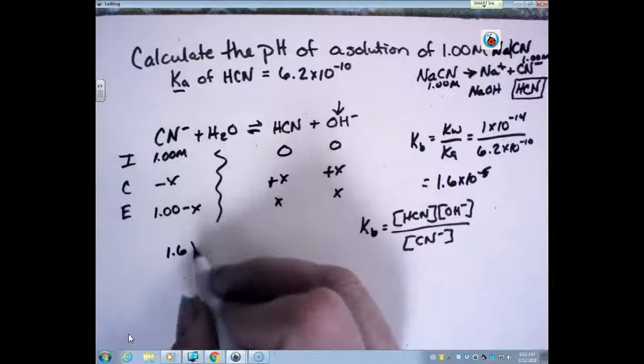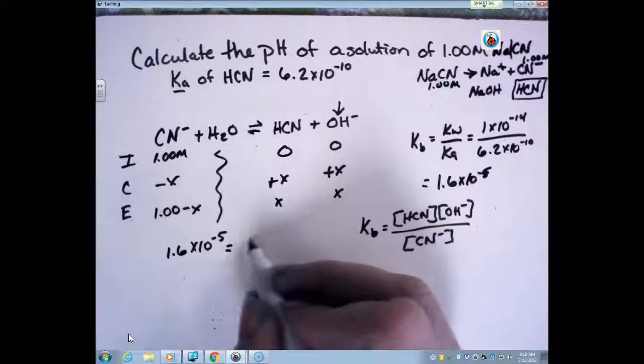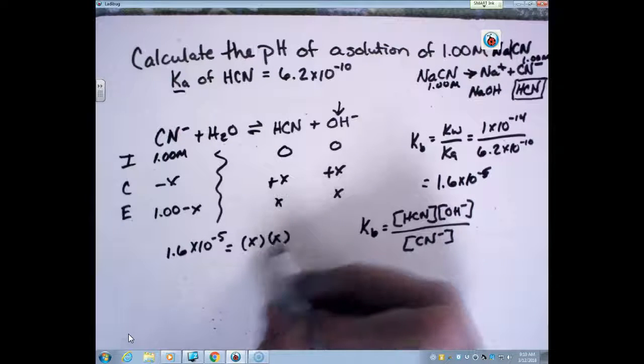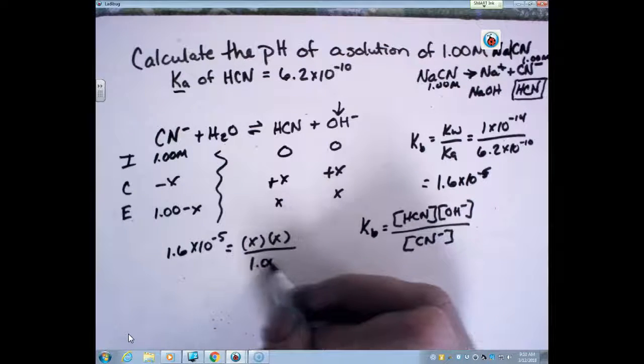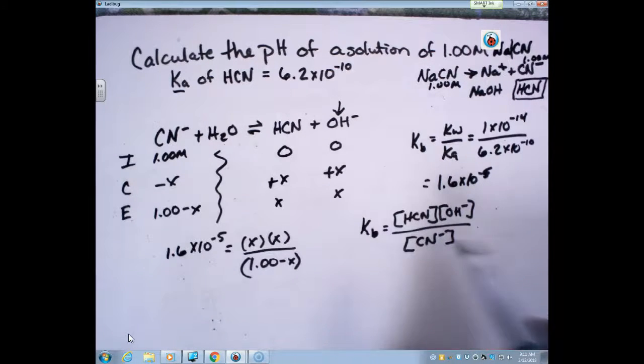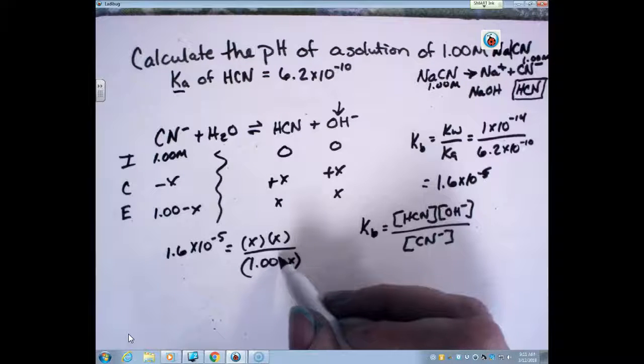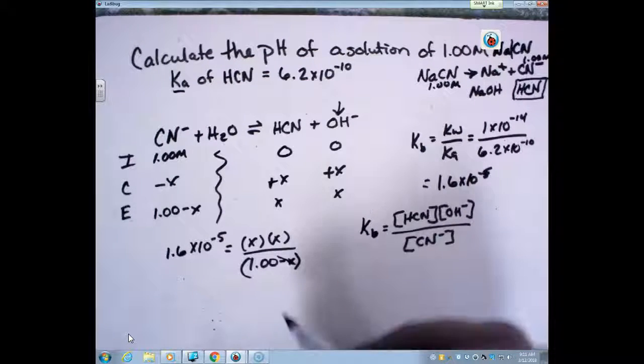I have 1.6 times 10 to the negative 5, I want to use that Kb, is equal to x times x over 1 minus x. Well, x is going to be pretty small. We can tell by our Kb. So in relation to other numbers, x can cancel out.